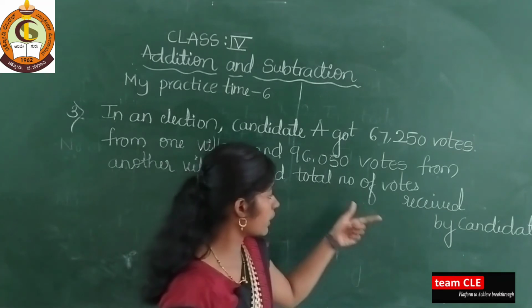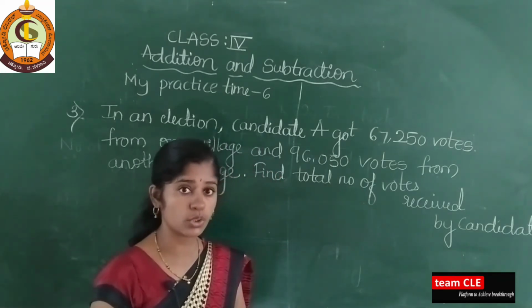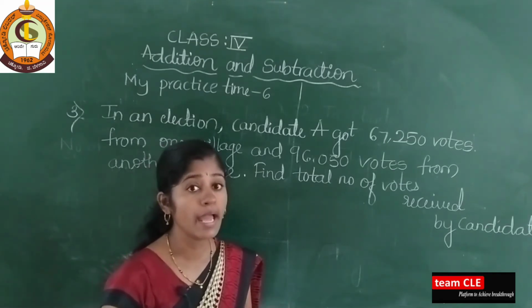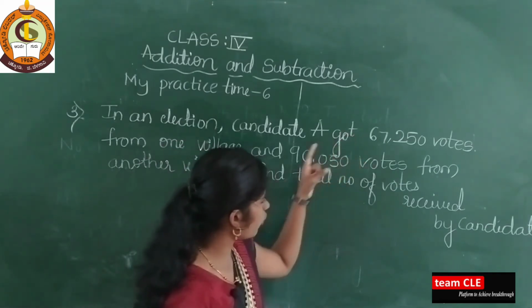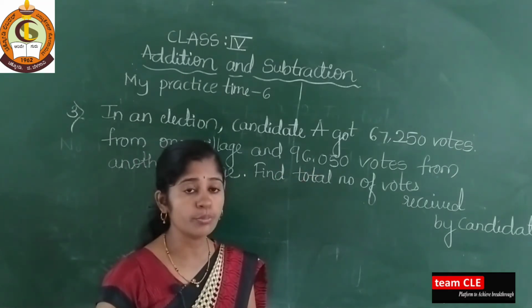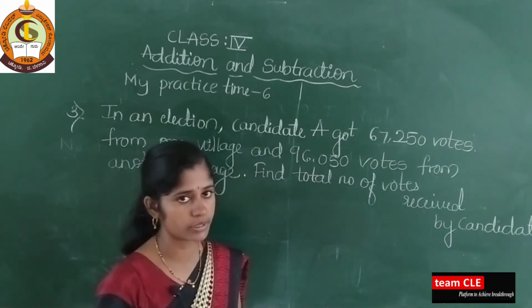So find the total number of votes. Finding the total means you need to add here, from village 1 and from village 2. After adding, I will get how many votes he got from both the villages.